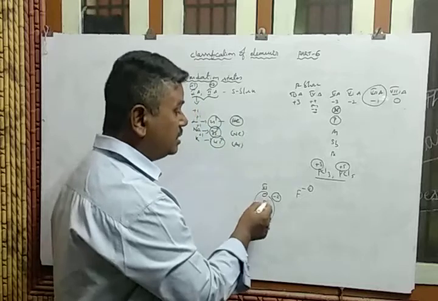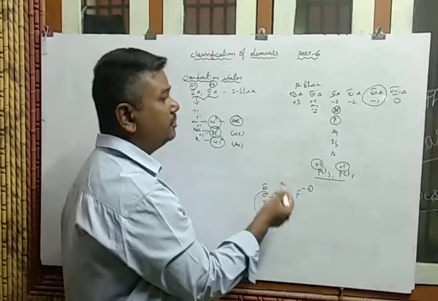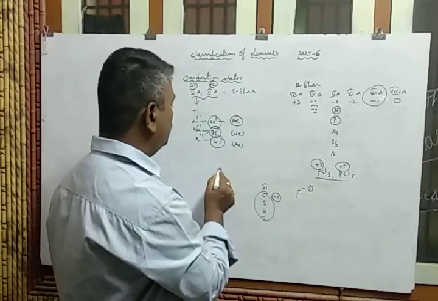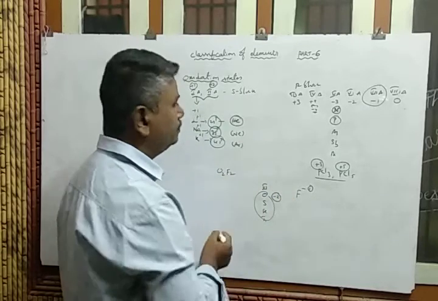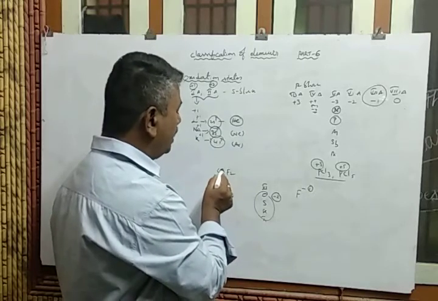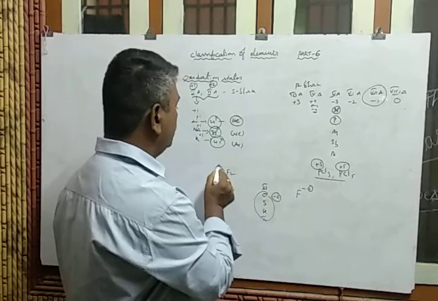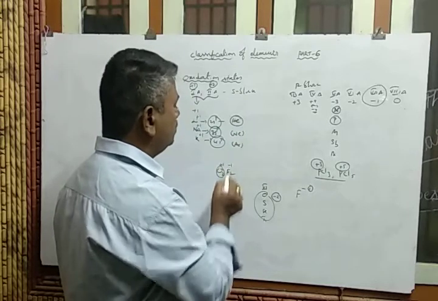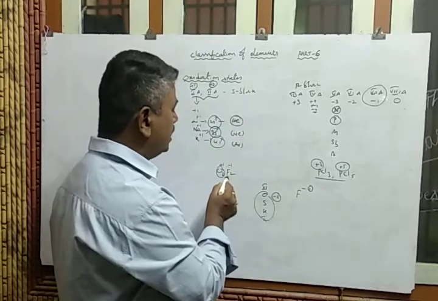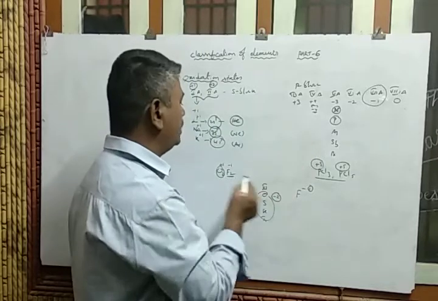Whereas oxygen shows a positive oxidation state as well as a negative oxidation state. While in the case of O2F2, here the oxygen exhibits a positive oxidation state: this one is +1, this one is -1. Because the highest electronegative element is which one? Fluorine. So fluorine always shows a -1 oxidation state.